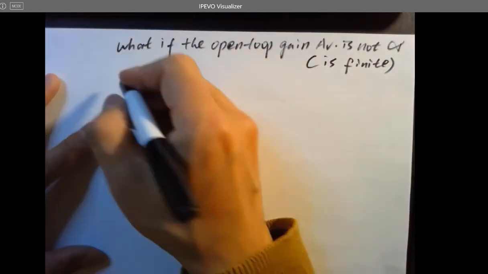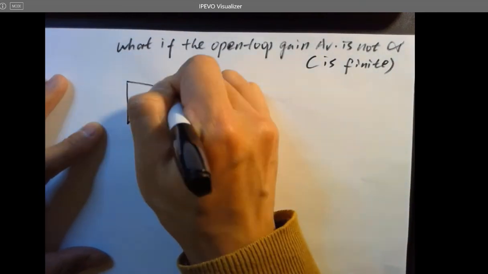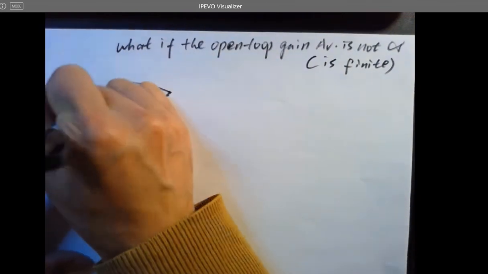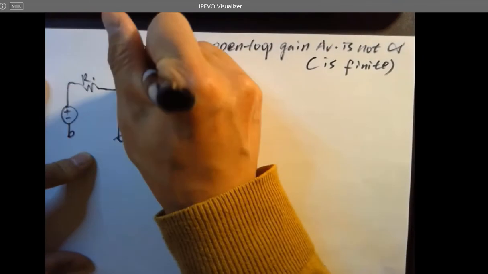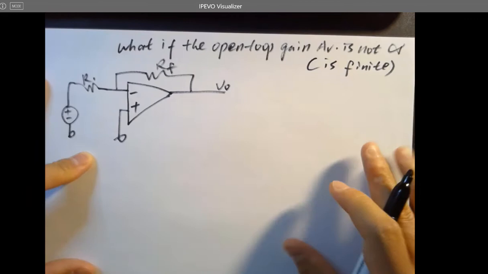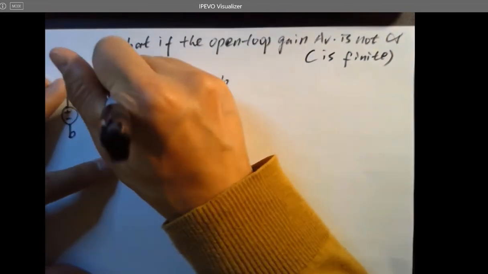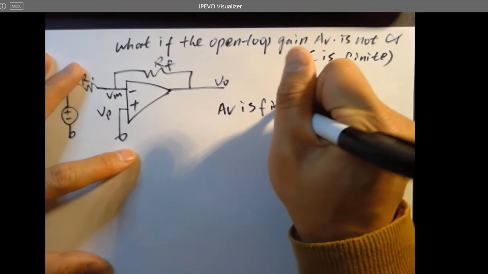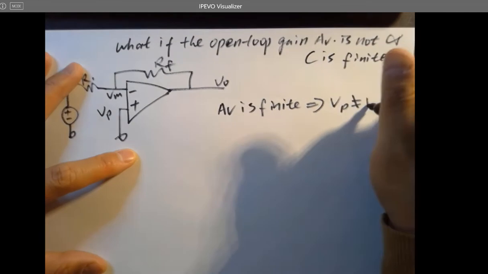Okay, so let's look at the inverting topology first. So we have VP, VM. Because AV is finite, VP is not VM anymore.